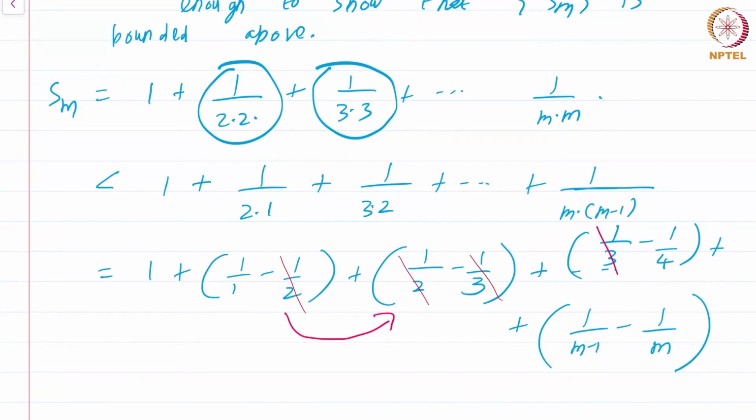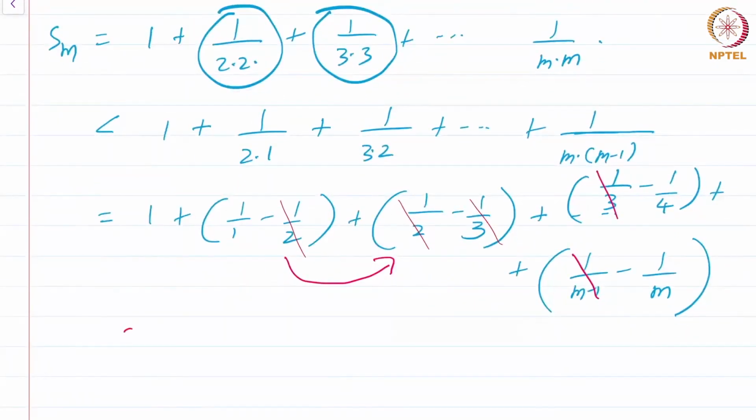And this will repeat. So eventually everything up till this 1 by m minus 1 will get cancelled. So what you will get is S_m is less than 1 plus 1 minus 1 by m, which is certainly less than 2.